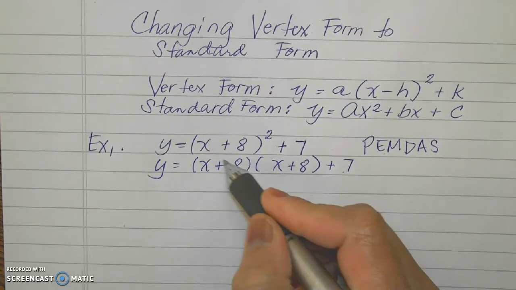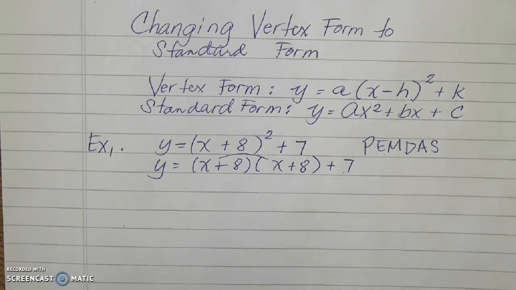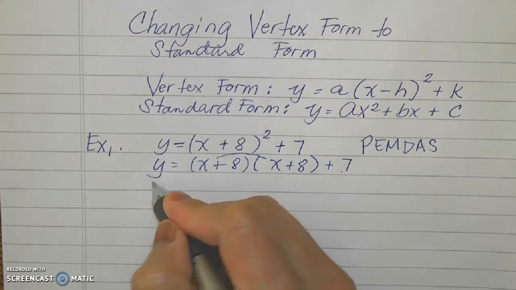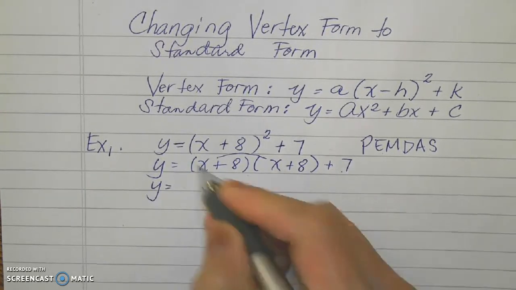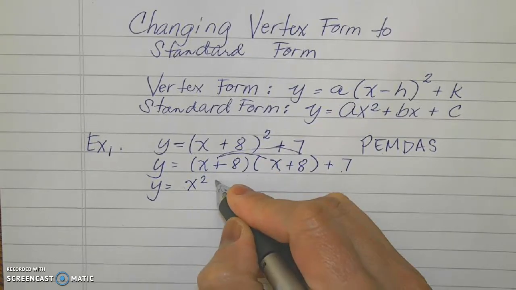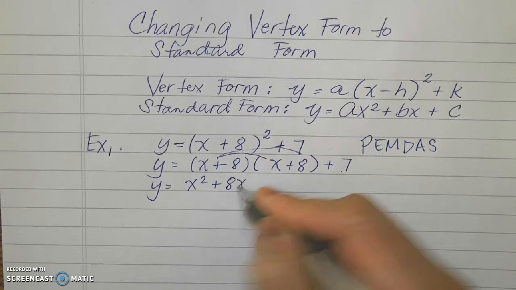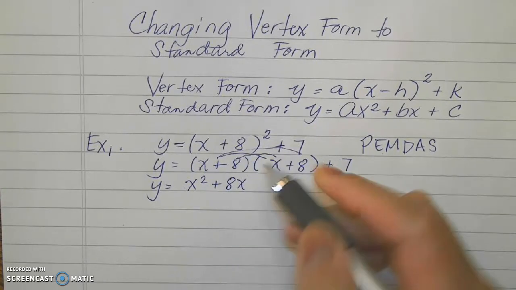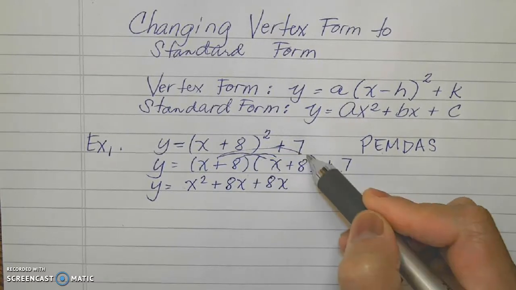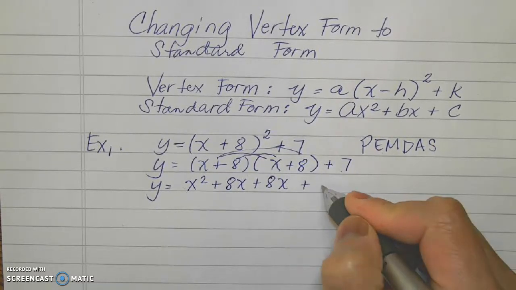So we are going to distribute, which you have learned before, or we do the FOIL method, whichever you prefer. So now when we distribute, this is going to become x squared. X times 8 is positive 8x. 8 times x is positive 8x. 8 times 8 is positive 64.